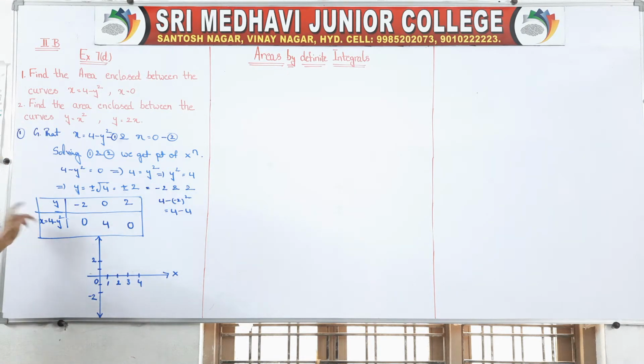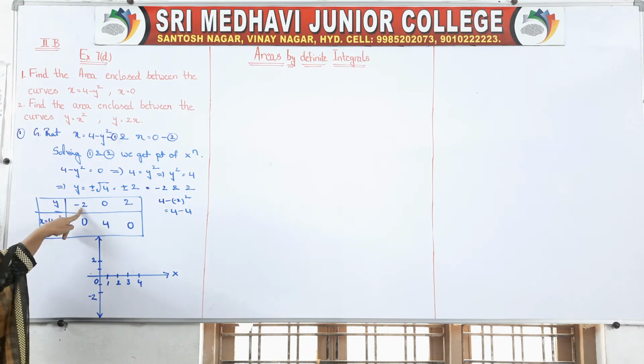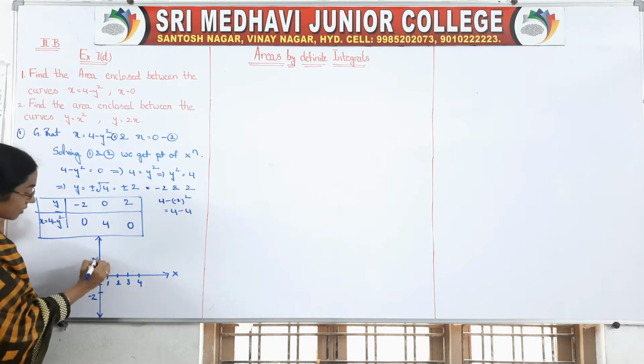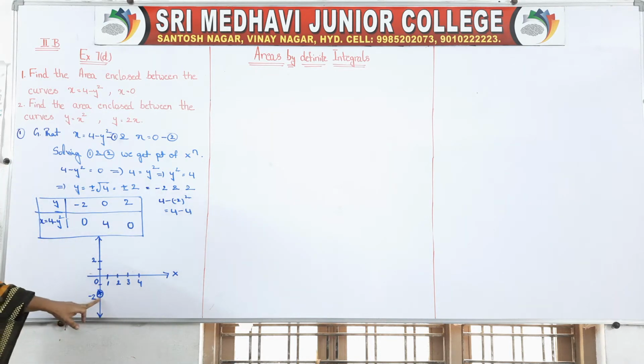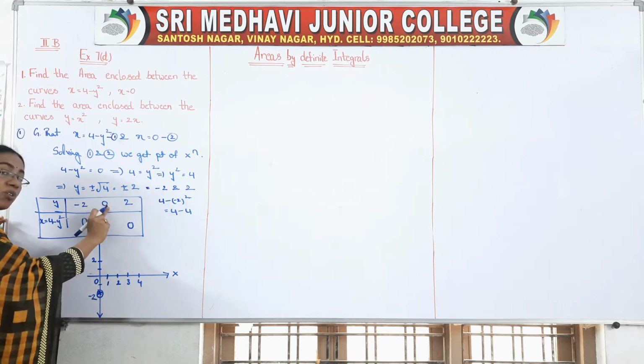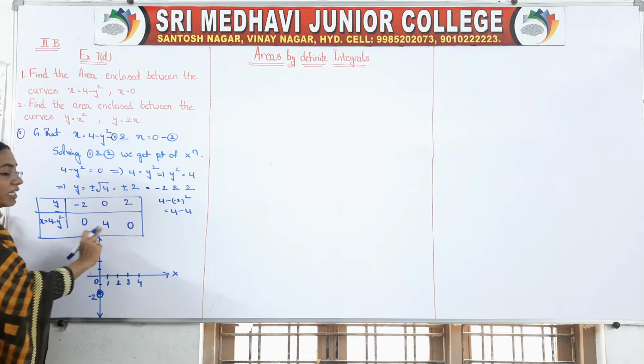Now first you take y at minus 2, x at 0. So only the y coordinate is there, that is minus 2, x coordinate is 0. So that means the point lies on the y axis. So this point is on the y axis at minus 2. Next, y coordinate is 0, x coordinate is 4.